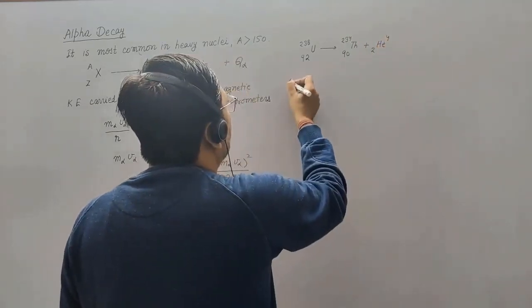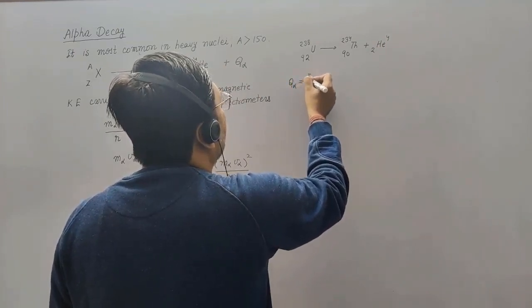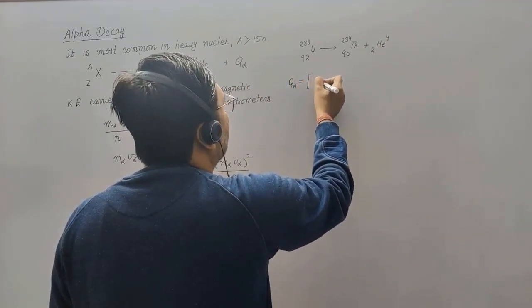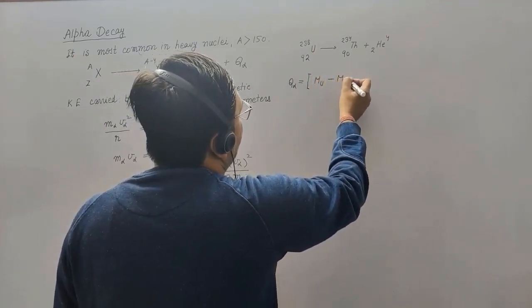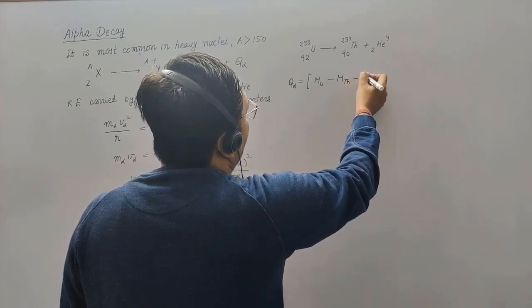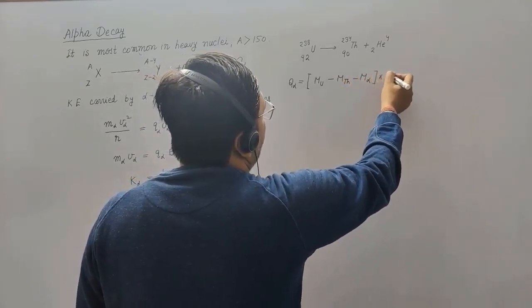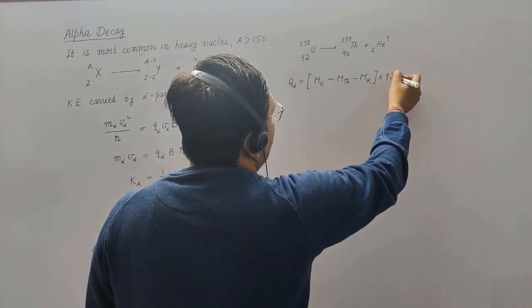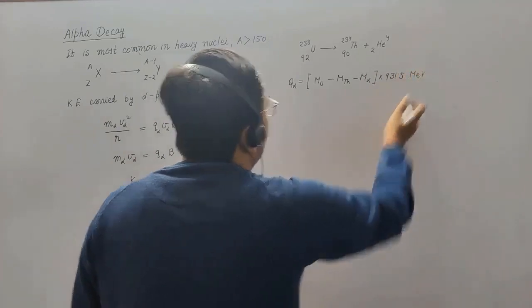So what will be the Q value of this alpha emission process? This will be mass of uranium minus mass of the daughter nuclei thorium minus M alpha. And if these masses are in AMU, then we will multiply this by 931.5 and the answer will be in MeV.